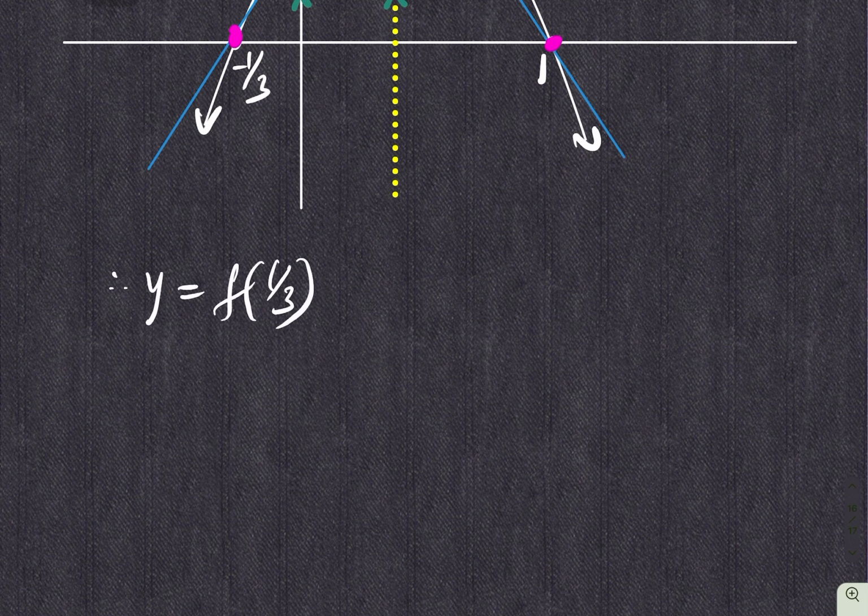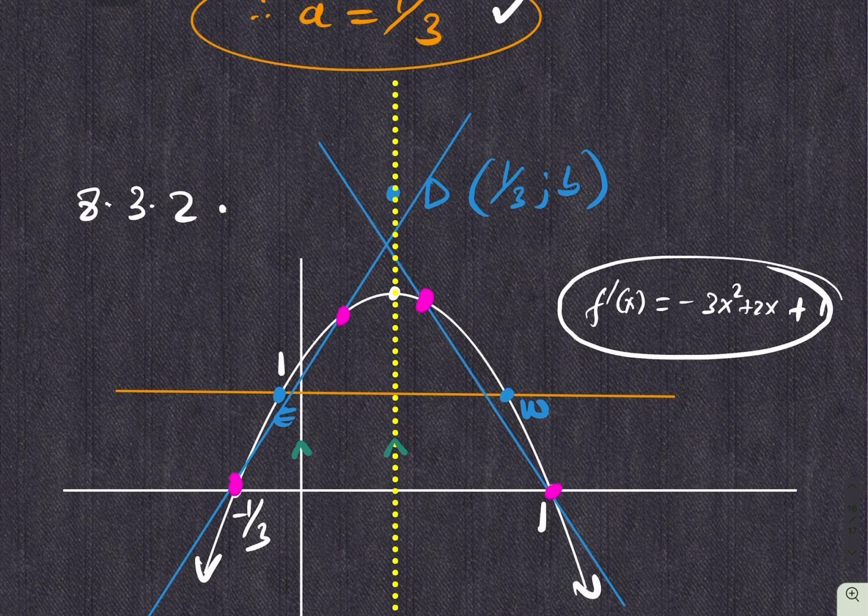So what are you going to get? You are going to get 4 over 3, because that is the turning point. So at the turning point you have 1 over 3 and 4 over 3.